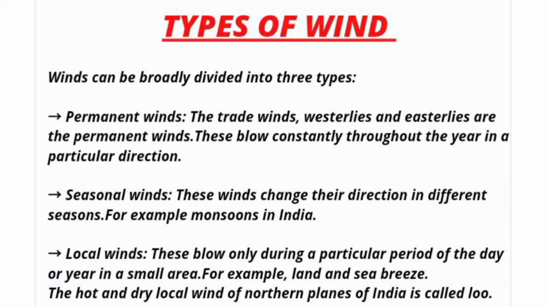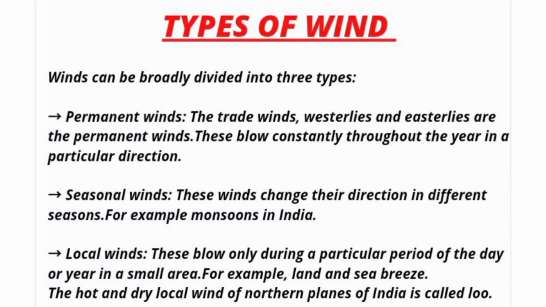Permanent winds. The trade winds, westerlies, and easterlies are the permanent winds. These blow constantly throughout the year in a particular direction. Seasonal winds. These winds change their direction in different seasons, for example, monsoon in India.